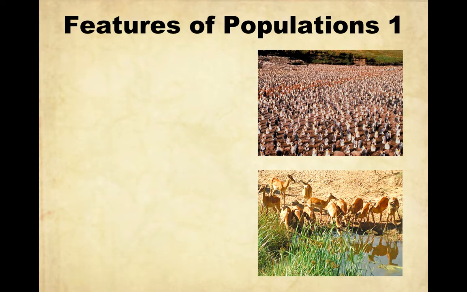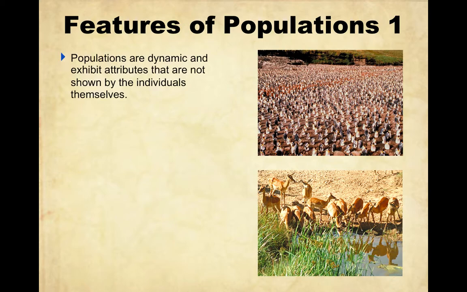So a couple of features of population. Populations are constantly changing, and when we're talking about populations, we're talking about the attributes of the group, not the individuals by themselves.